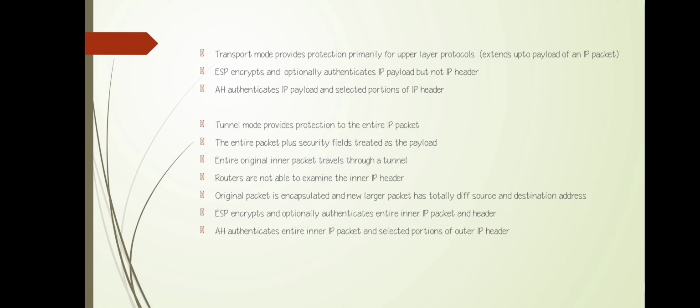in the sense the fake IP address, but not the actual IP header of the sender. The original packet is encapsulated and the new larger packet has totally different source and destination address. The new larger packet's source address will be the address of the firewall or router present near the source, and the destination address will be the address of the router or firewall present near the destination.